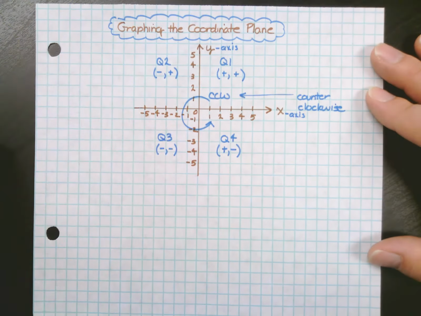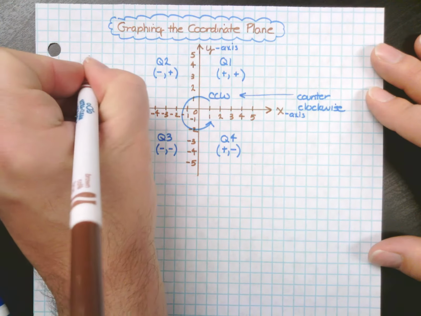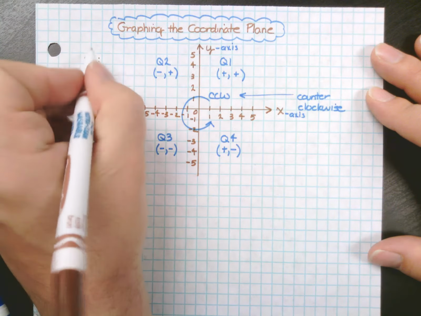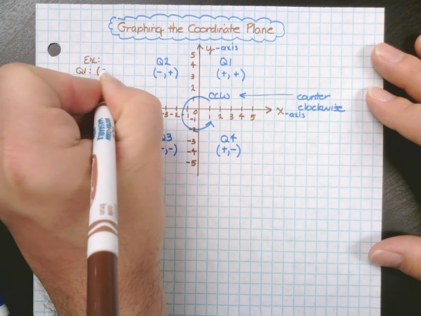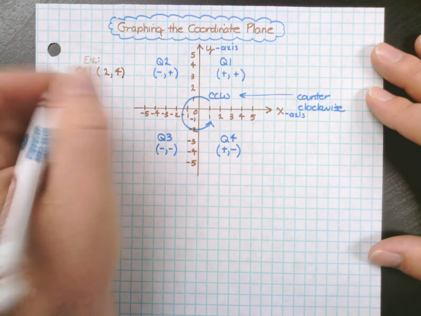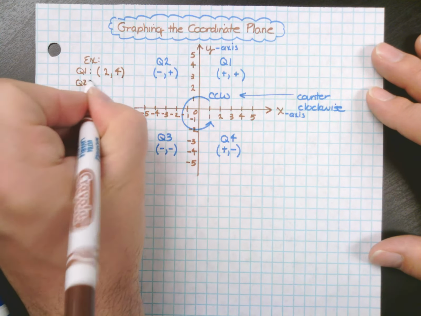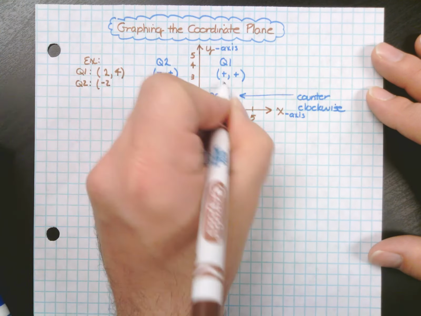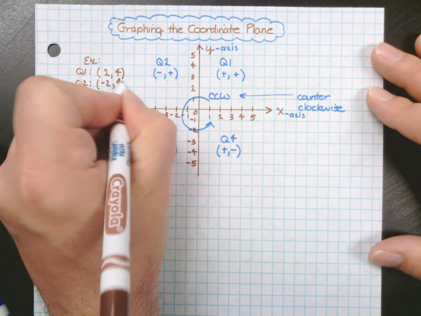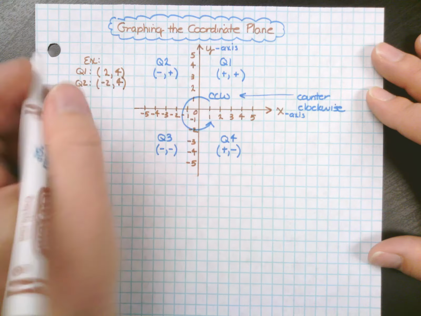Examples. In quadrant 1, we could have a point, an ordered pair, like 2, 4. In quadrant 2, our x value changes because of a reflection over the y-axis, but the 4 is still positive.